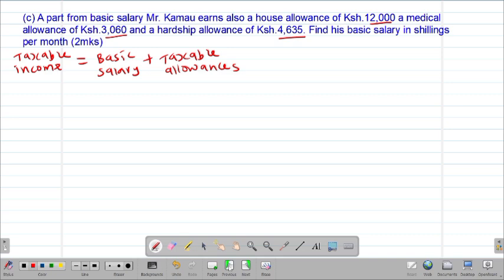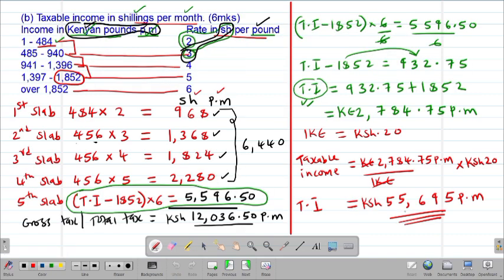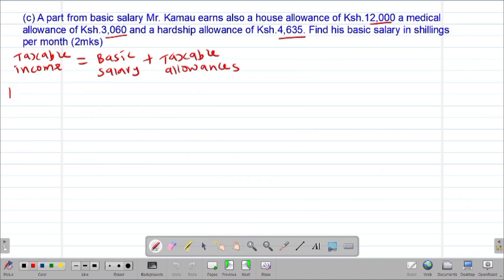So our taxable income, we got it as 55,695. This is in Kenya shillings per month. It should be equal to the unknown basic salary, plus the taxable allowances.